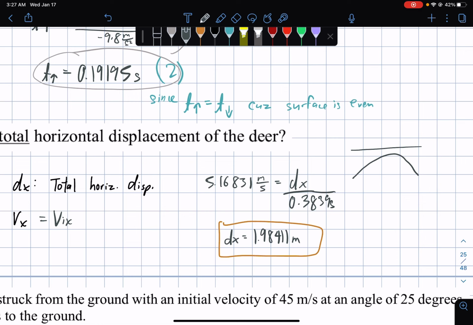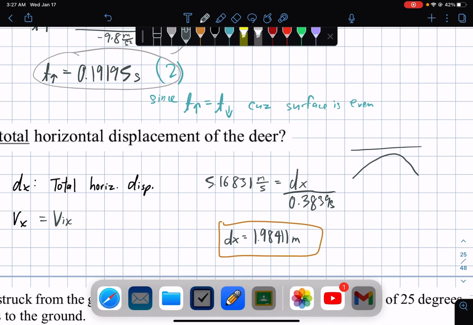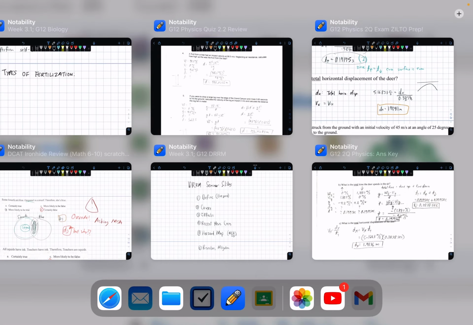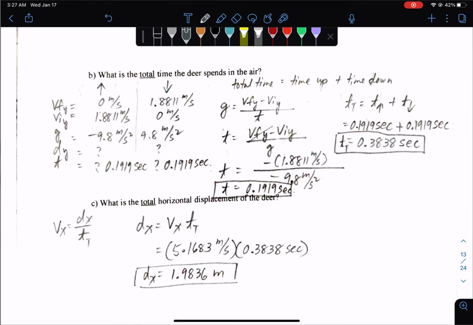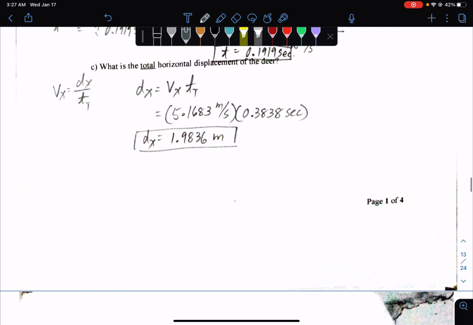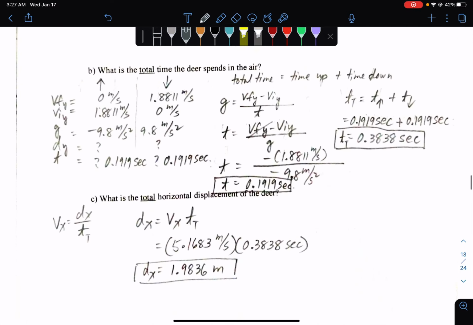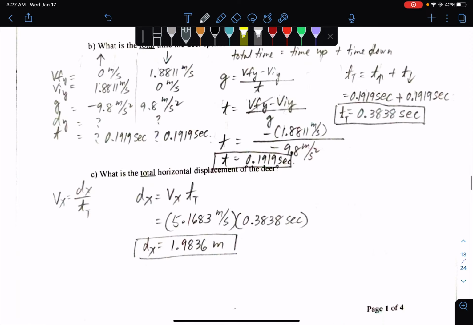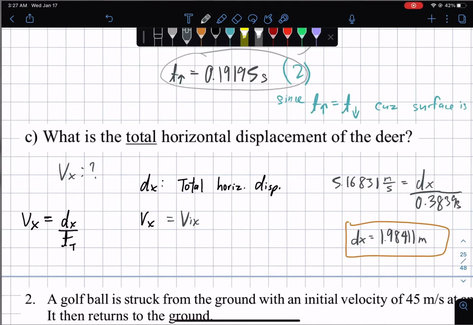I might mess up the definition of displacement with distance, since one is scalar, one is vector. 1.9836.